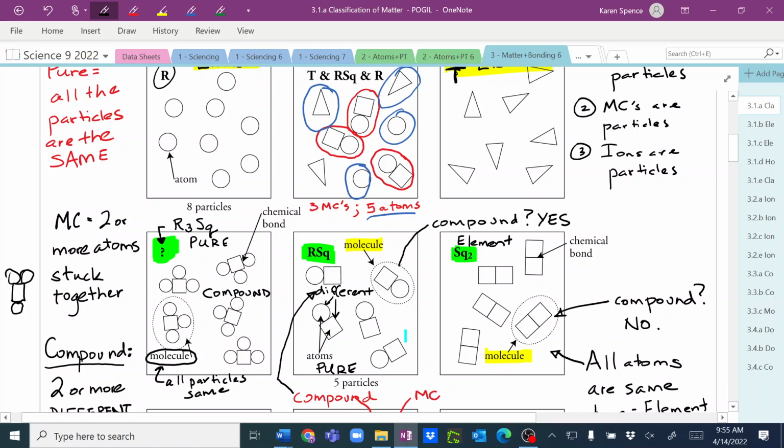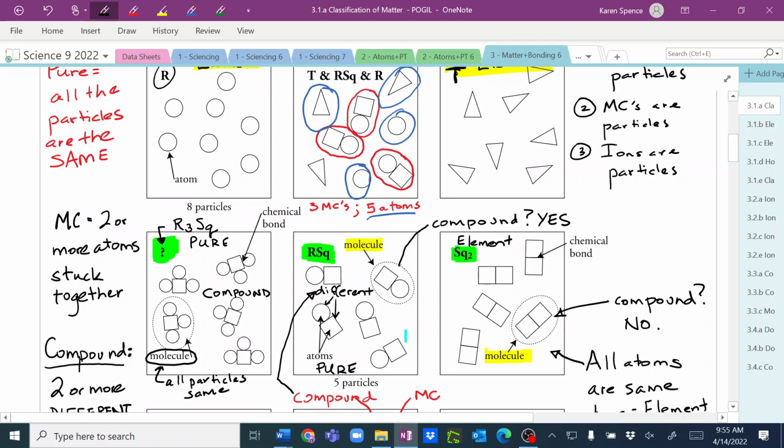Okay, so that gets into something we learn about in grade 11, which is the fact that you can have 2 things with the same chemical formula, but this is what we call its structural formula. The structural formulas can be different. Okay, we're not going to do too much on that this year though.